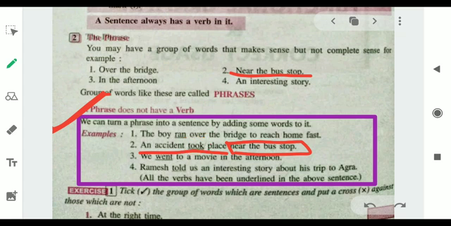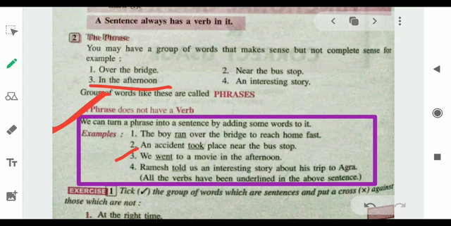Let's move to the third example. In the afternoon. We went to a movie in the afternoon. This is the phrase. And these are group of words added to this phrase. And where is the verb? Yes, went is the verb in this sentence. Let's move to the fourth and the last example of the phrase an interesting story.